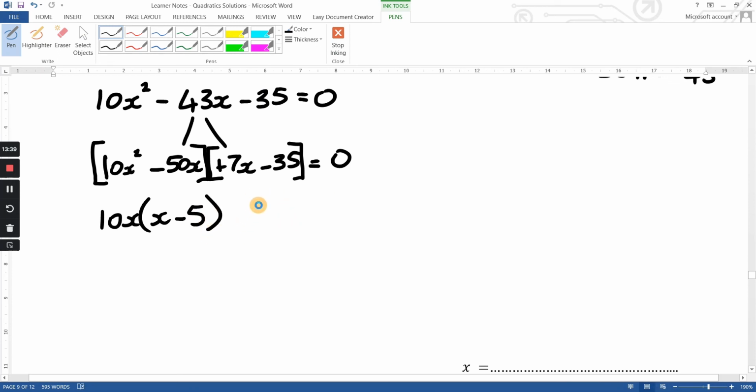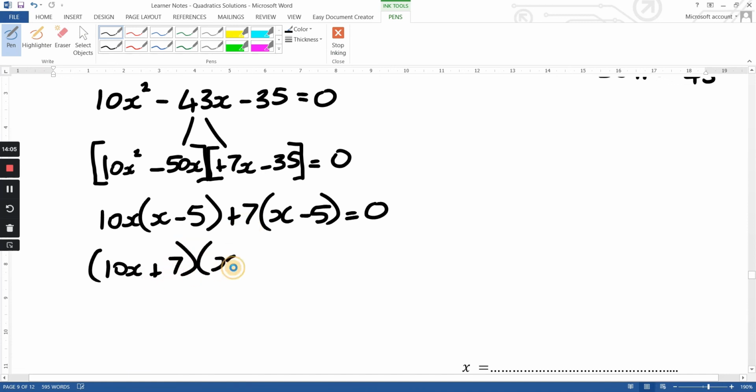Yeah, that's right. And then let's factorize this. So I can only take out positive 7, x minus 5. Yeah, I get the same here and here. So my two brackets are 10x plus 7, and the other one is x minus 5.